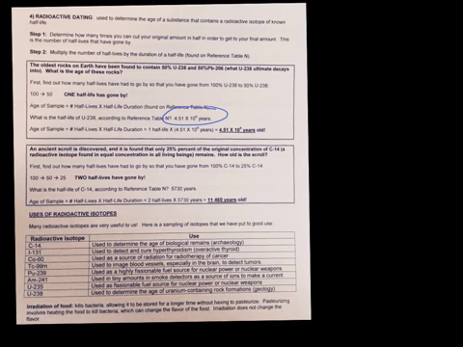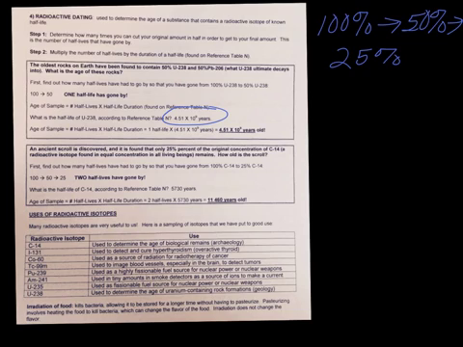An ancient scroll is discovered, and it's found that only 25% of the original concentration of C-14, which is a radioactive isotope, remains. How old is the scroll? So, again, assuming everything's 100%, 50%, 25%. So this underwent two half-lives, 1, 2.